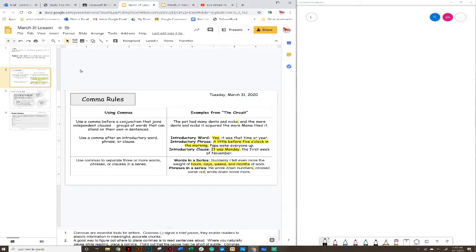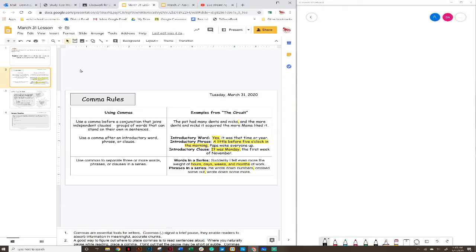So we're going to go over three main comma rules that you guys should know. The first one being that a comma comes before a conjunction that joins independent clauses. Remember, independent clauses are complete thoughts and can be standalone sentences.